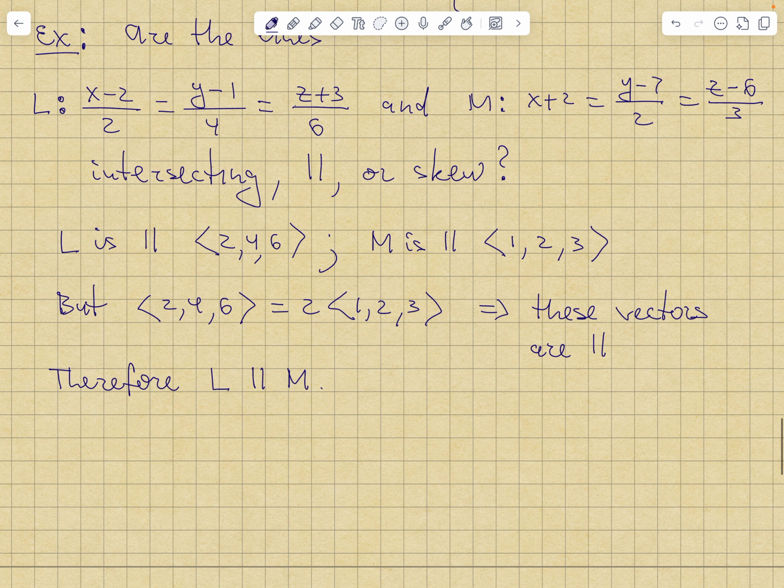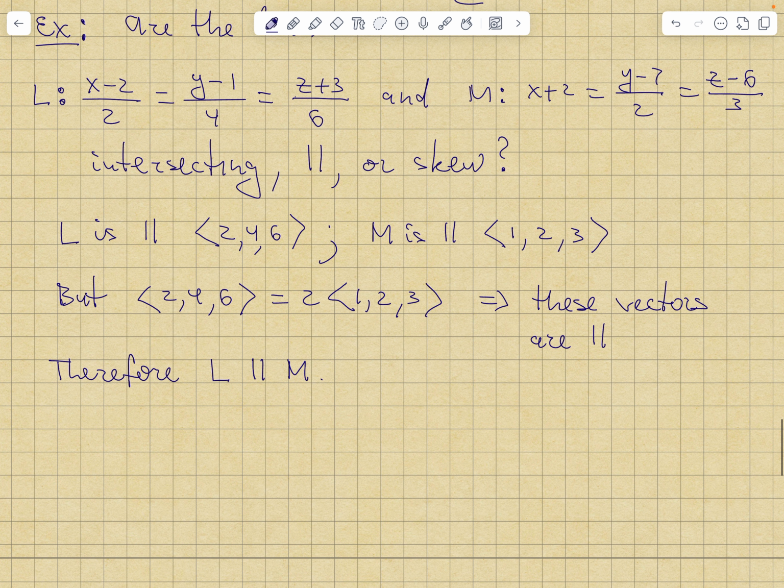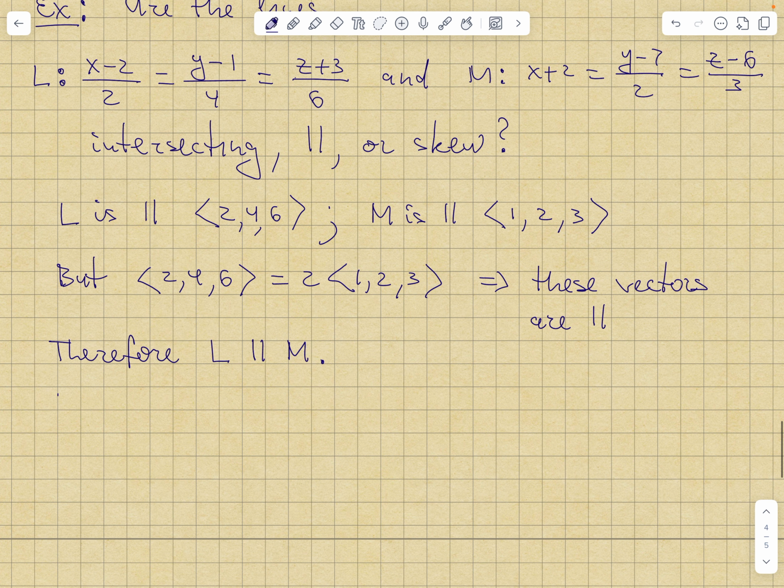So if two lines are parallel, they can either be the same line, right? They can coincide, or they can be parallel at some distance from each other. So then the next question might be, do L and M coincide?